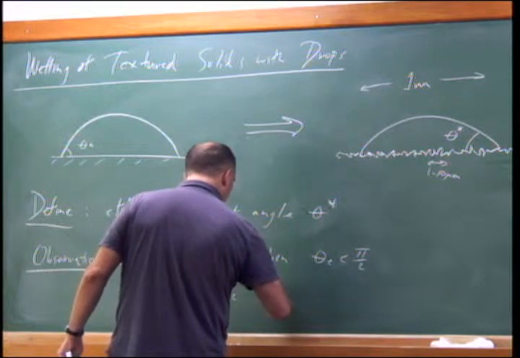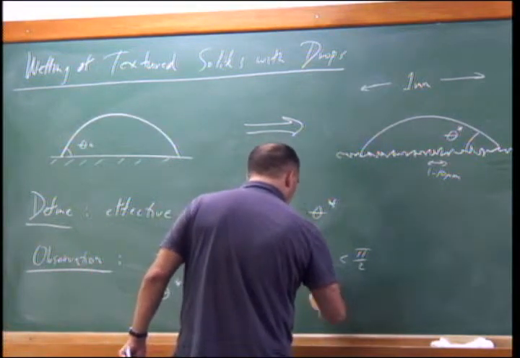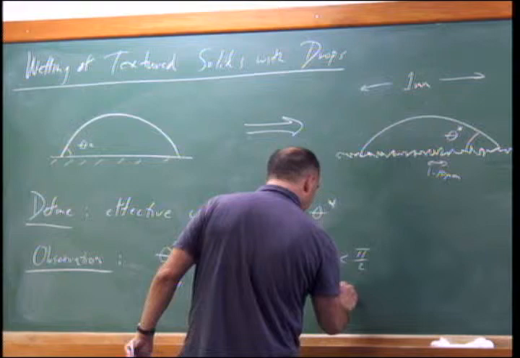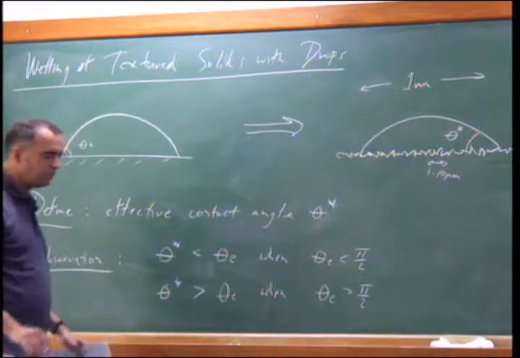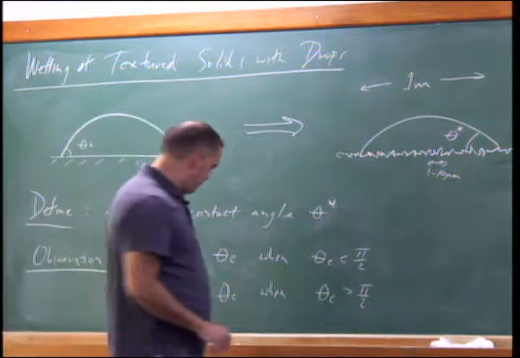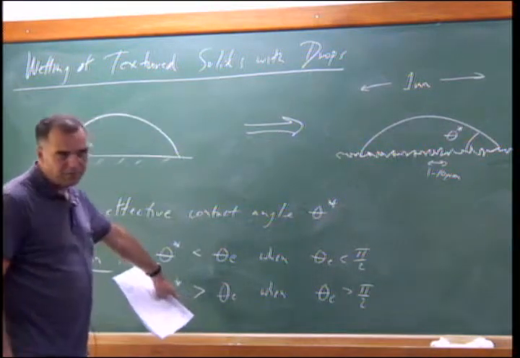Okay, and if you have the opposite case where you have a hydrophobic surface, so if the equilibrium contact angle is greater than pi by 2, then it's going to become even more hydrophobic.